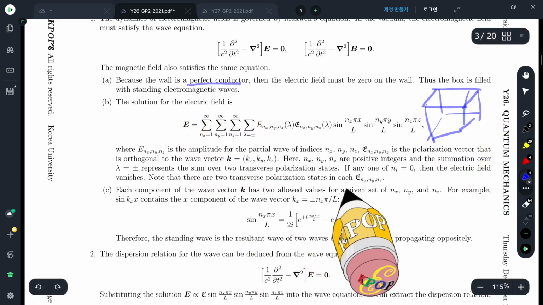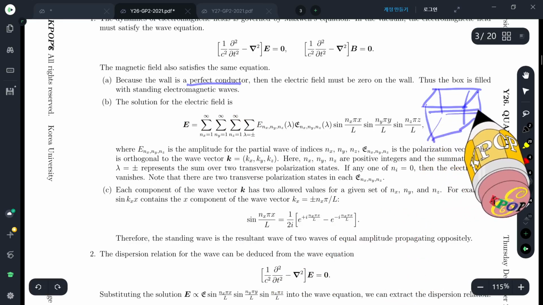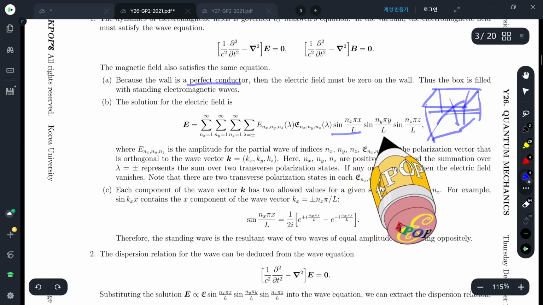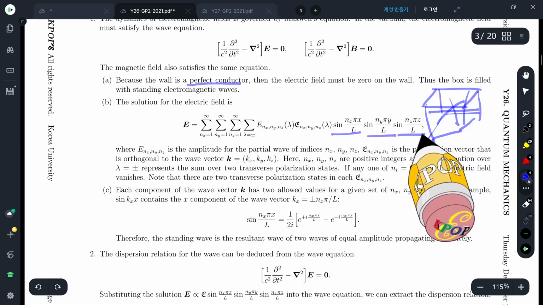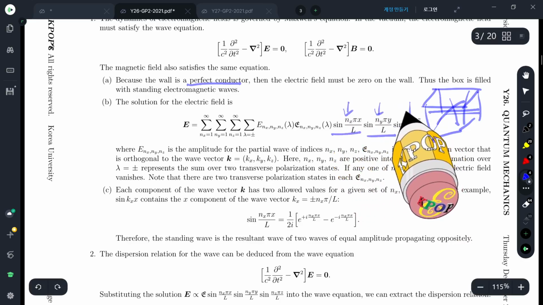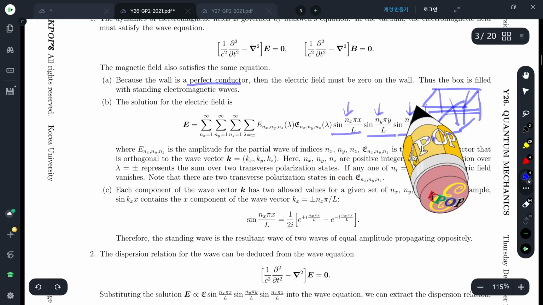To simplify the calculation, in the three directions we always have the sine function, and the wave number is determined by three integers.